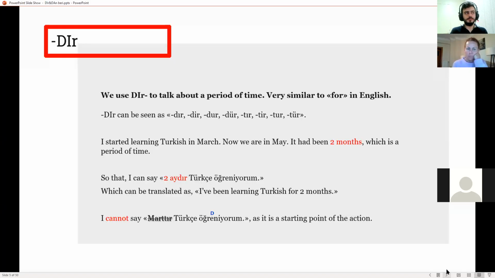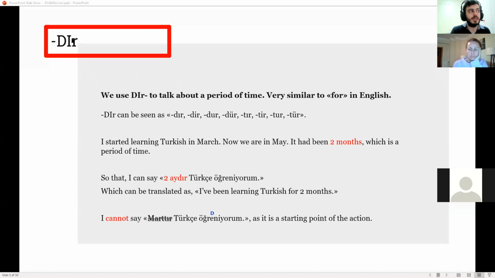So the first one: I have this -DIr that I put right after a time expression to make it literally "for" in English. As you can see, I have two options for the D, right? It can be either D or T according to the last consonant.